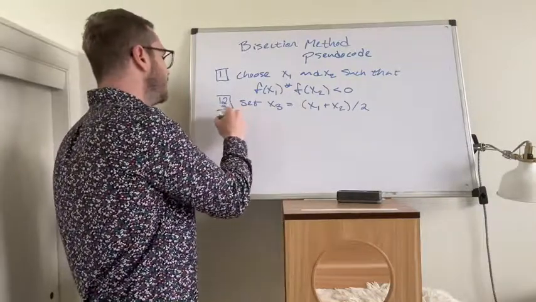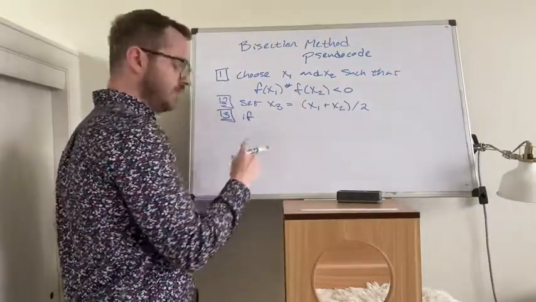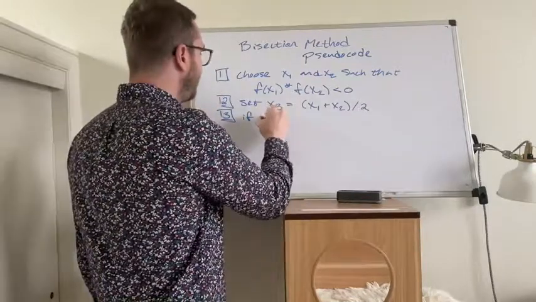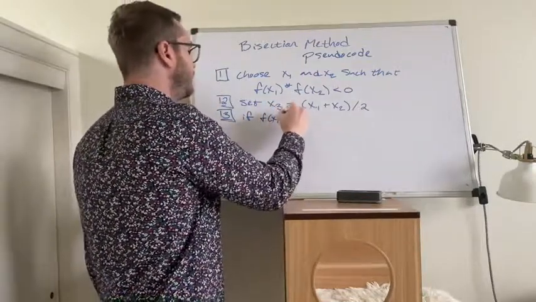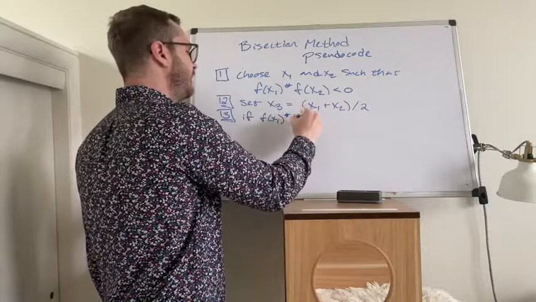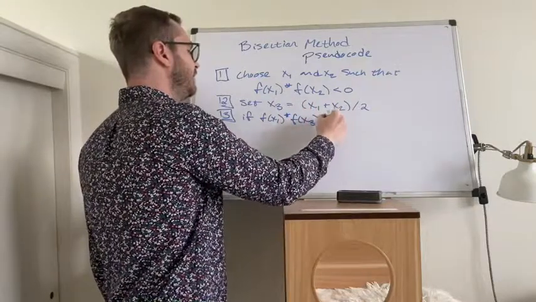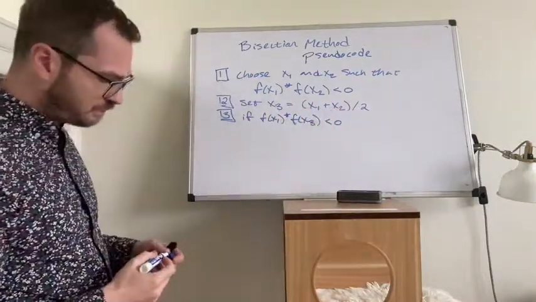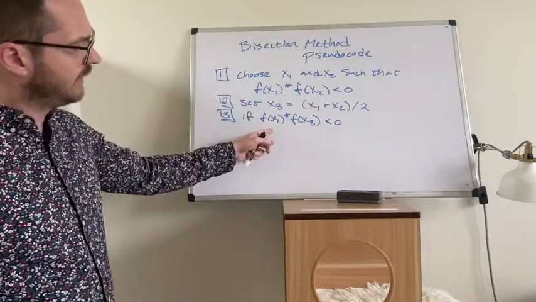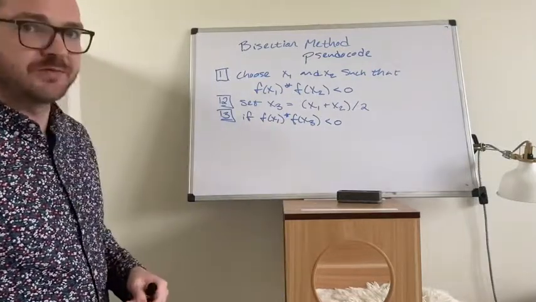Number 3, we're going to ask the question, if f of x1 multiplied by f of x3 is less than 0. Remember, this is a condition for a sign change, right?